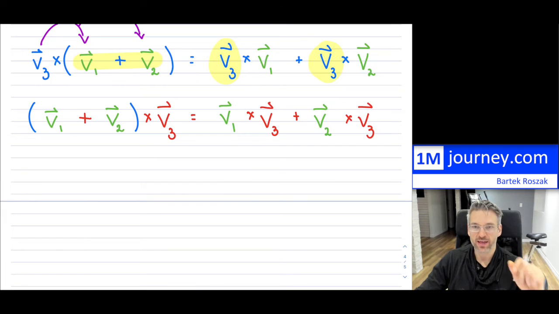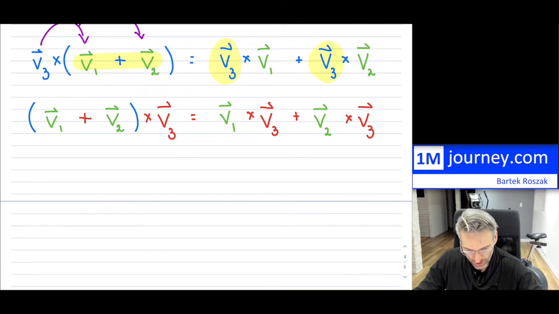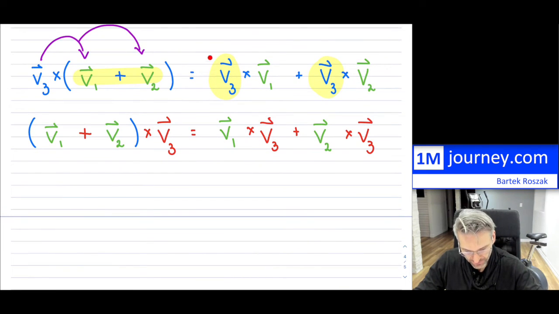That's the same thing as taking your V3 and crossing it with this first, and then adding it to this result right here, which is one vector crossed with the other. So notice that it does distribute across here.